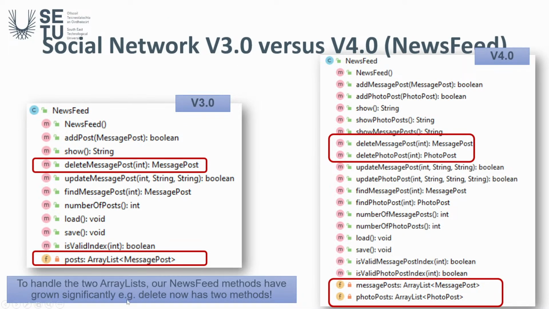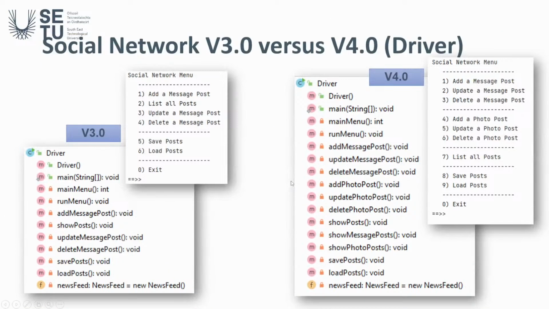To handle the 2 array lists, our newsfeed methods have grown significantly. Now delete has 2 methods, so we see our delete has 2 methods. Our driver is okay. In our driver, we're going to add a message, update it, add a photo, update it, and list.